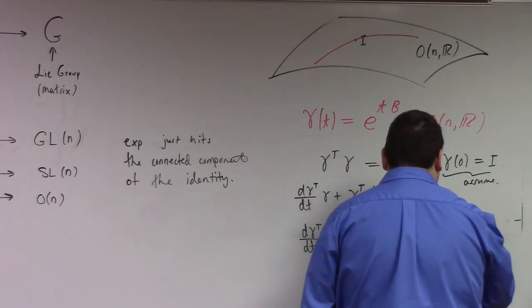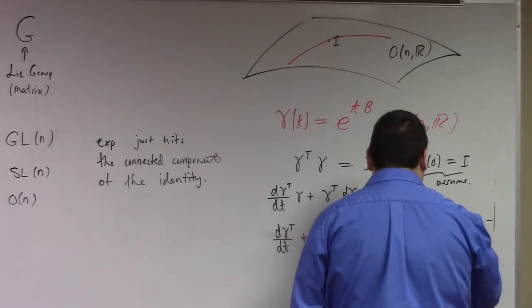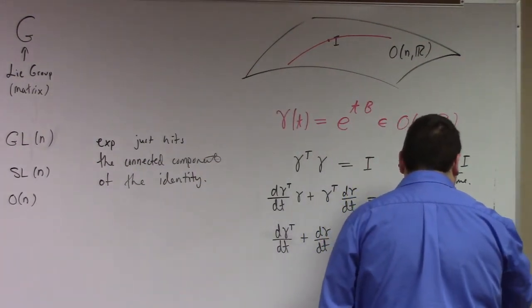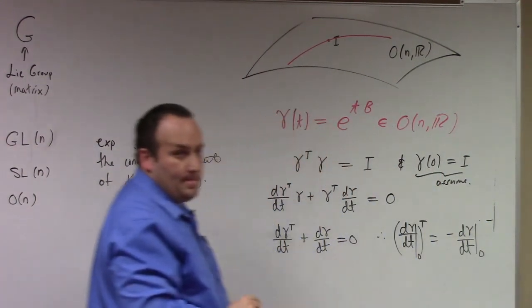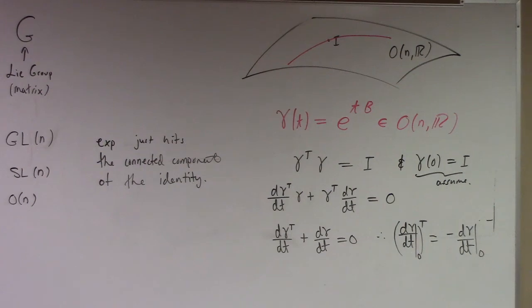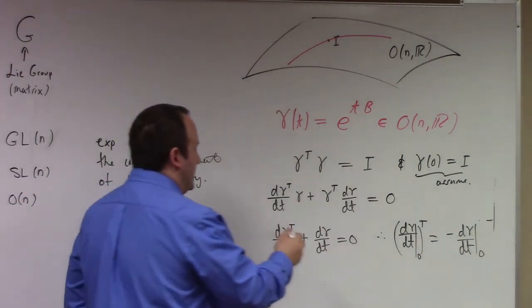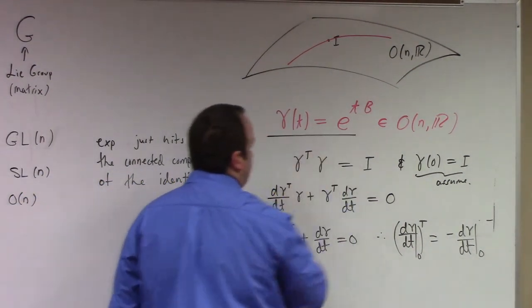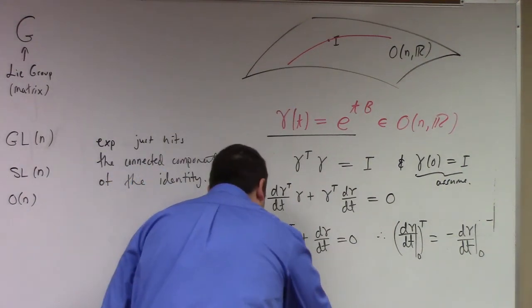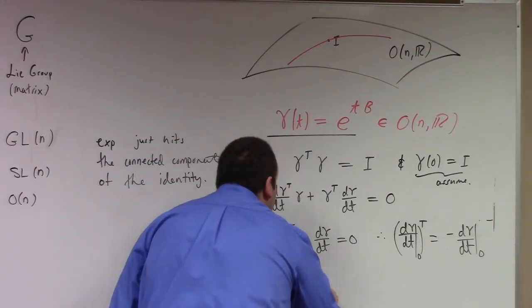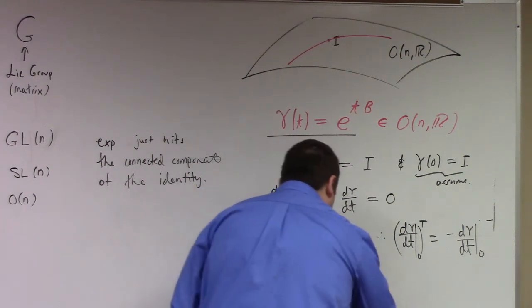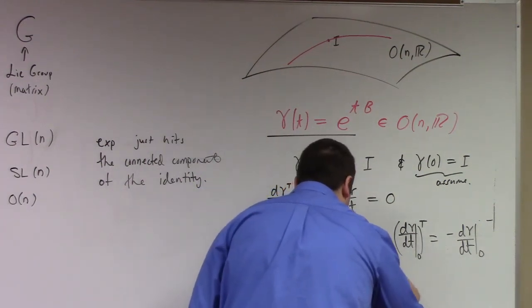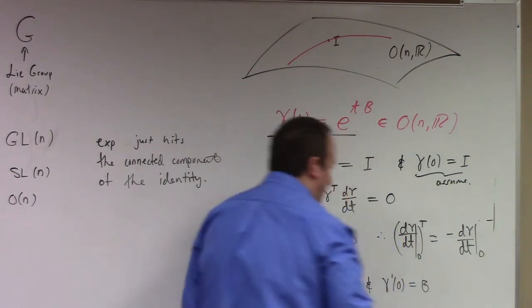Therefore, d gamma dt transpose is equal to minus d gamma dt at time 0. But through arguments I'm not really showing you, you also have that gamma of t is this, right? So what's d gamma dt? It's also B e to the tB, right? So gamma prime of 0 is just B.